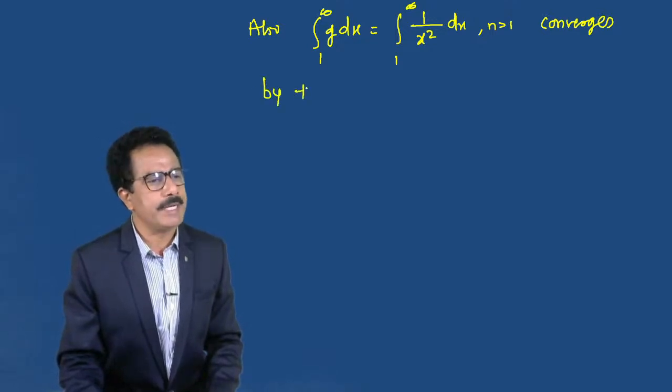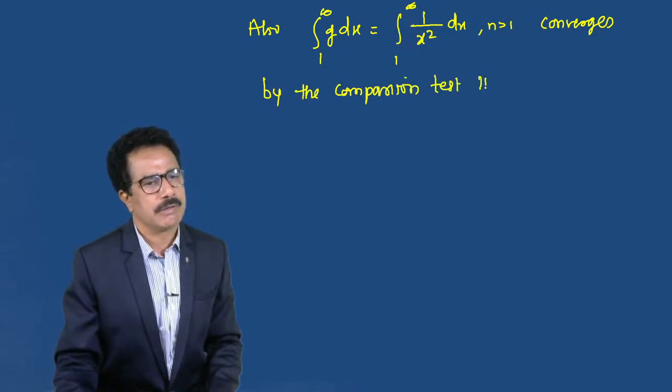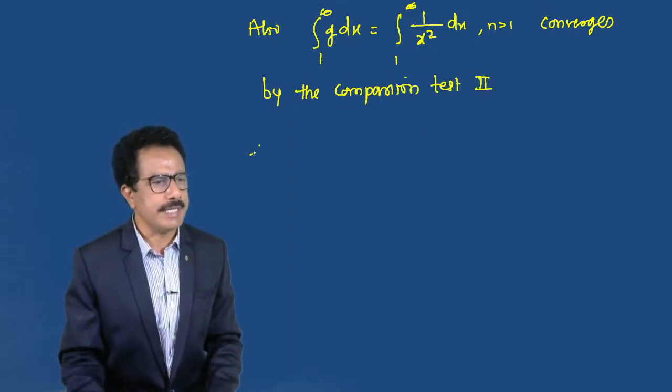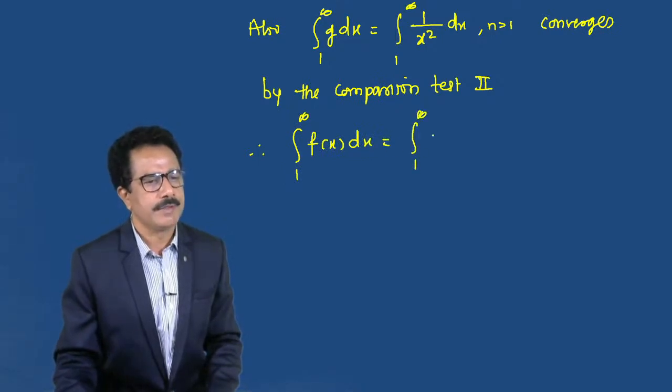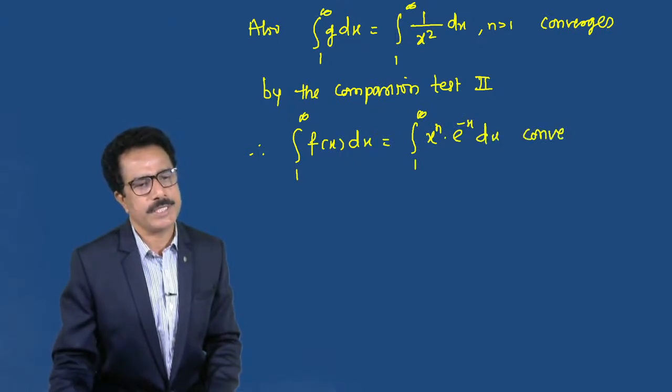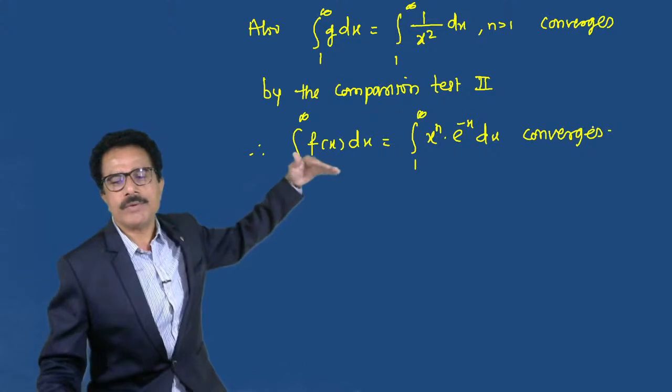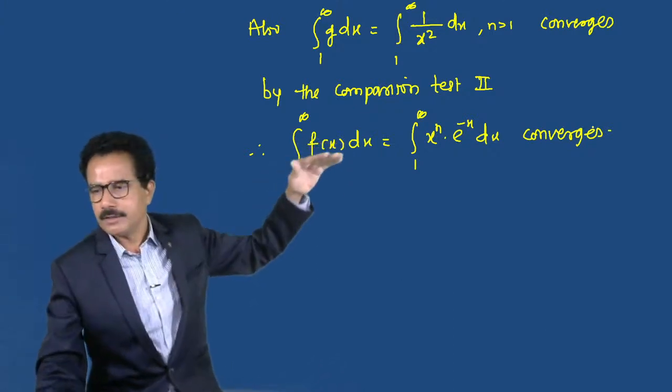By the comparison test second, we can write integral from 1 to infinity f dx, or 1 to infinity x raised to n into e raised to minus x dx, converges. In this way we can obtain the given integral converges.